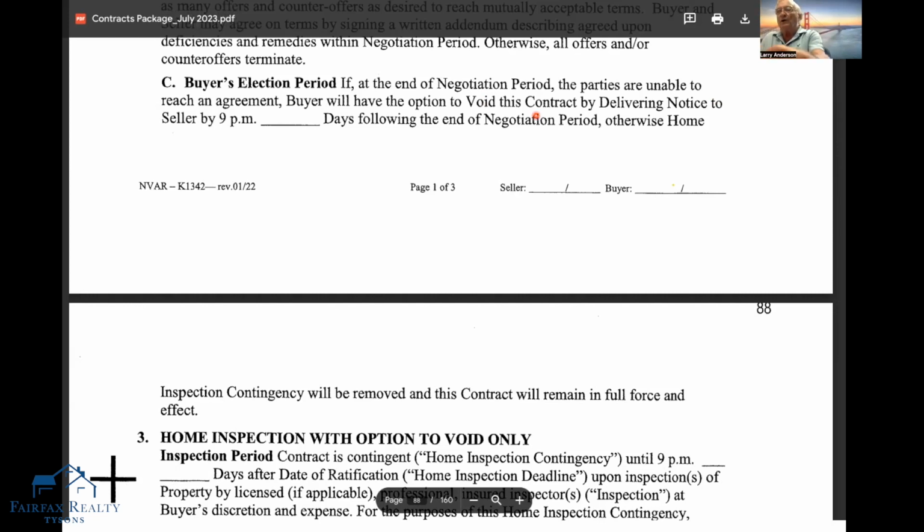Otherwise, we no longer have a home inspection contingency, and this contract is in full force and effect, and that purchaser is taking that house with all those problems because they said they would take the property in the condition it is on the date of home inspection. So we can't mess this up. We have to get it done properly.